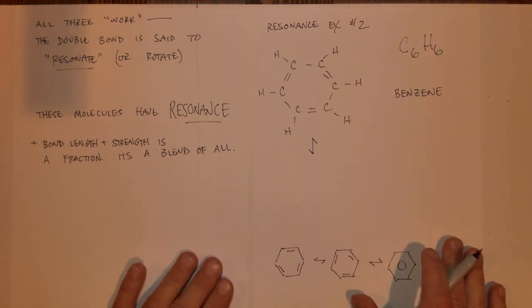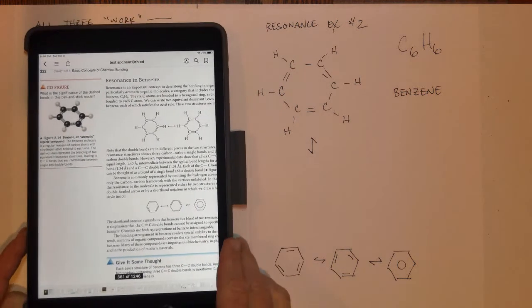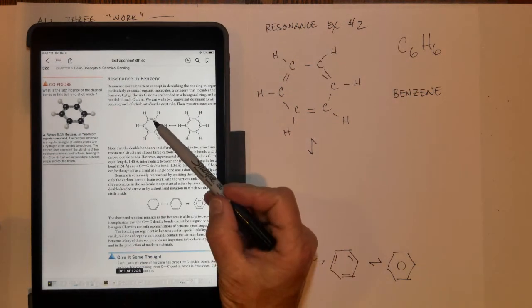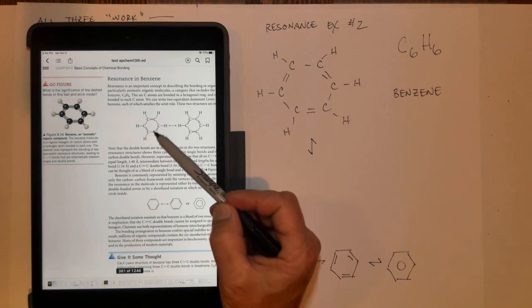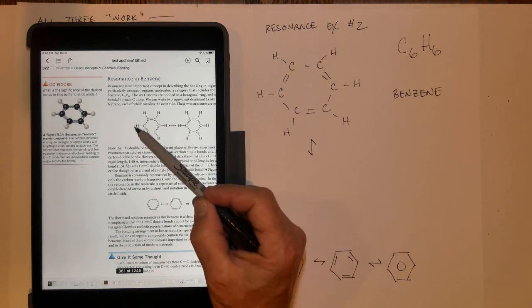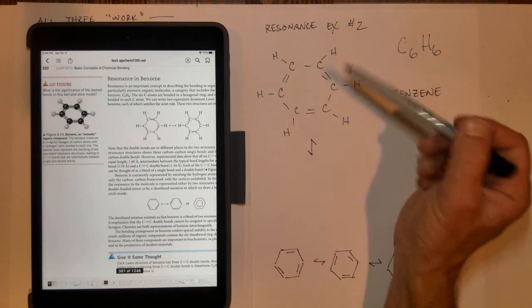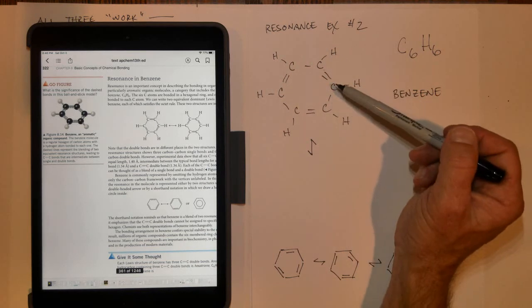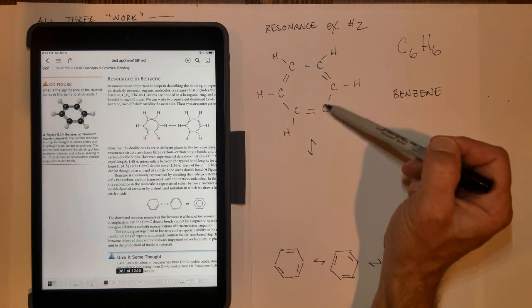C6H6 is its molecular formula, and if you look at it in the textbook, you can see that it has C6, and 1, 2, 3, 4, 5, 6 hydrogens. Take a moment and draw one of the possible structures right here. Notice how the double bond rotates here.